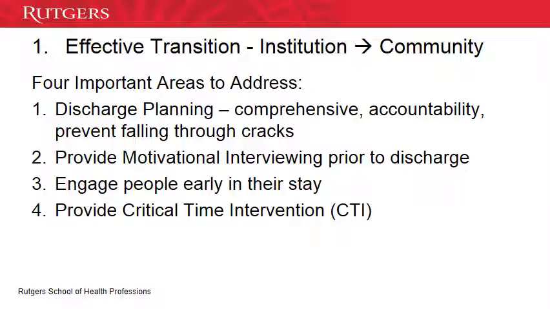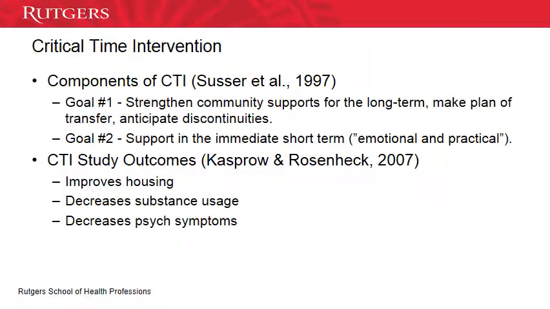The last bullet point there, number 4, providing critical time intervention. I am going to spend a couple more minutes talking about this, as I have a few studies that discuss it. So first we have Susser 1997, and this article was good in describing what CTI is. So critical time intervention has a twofold approach.